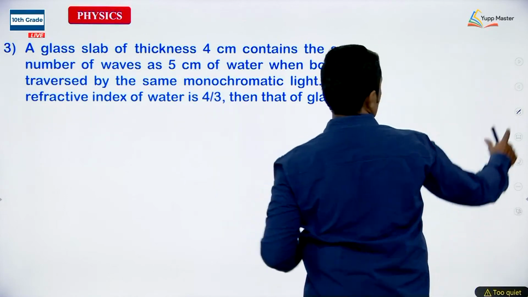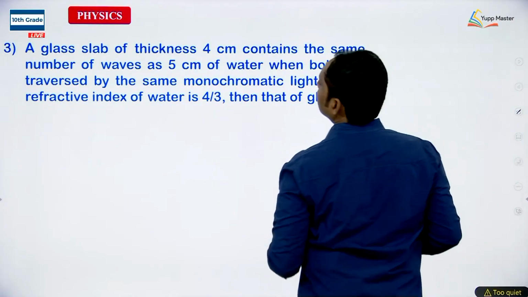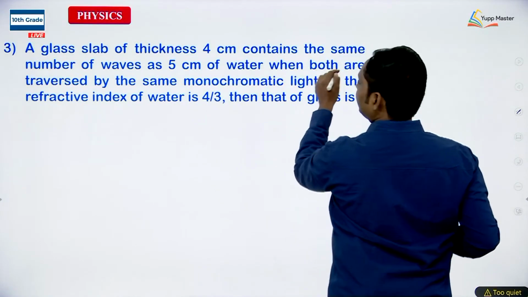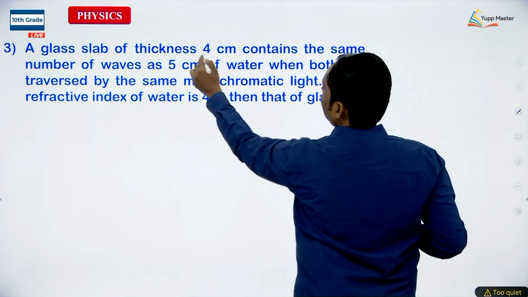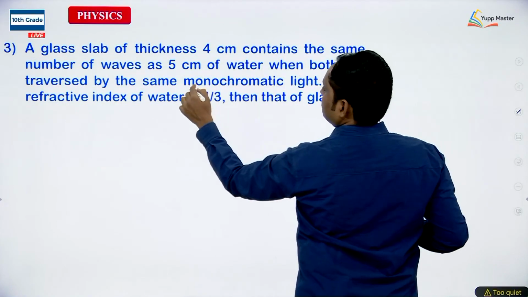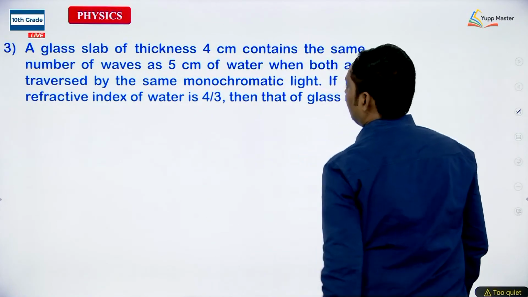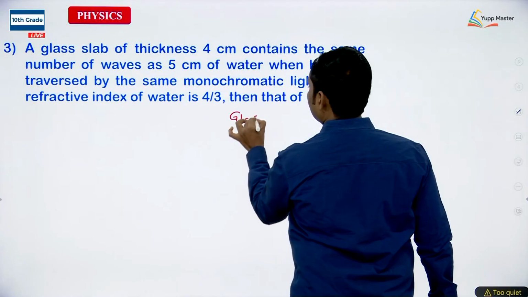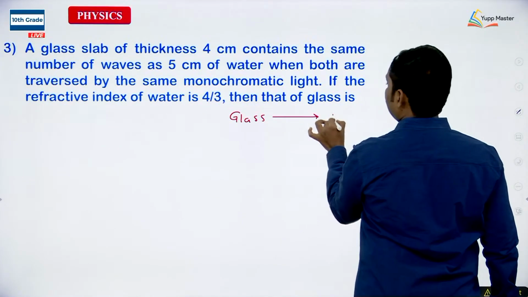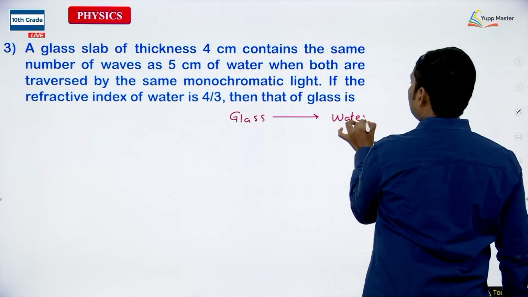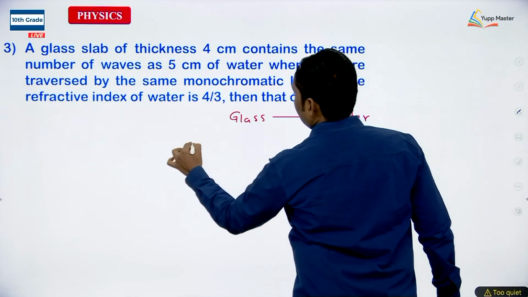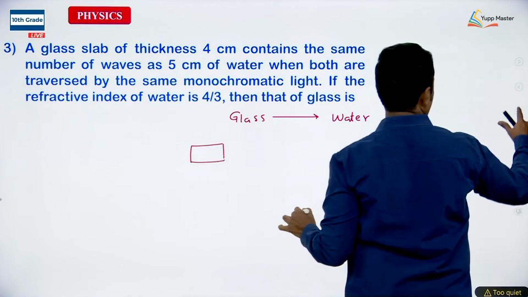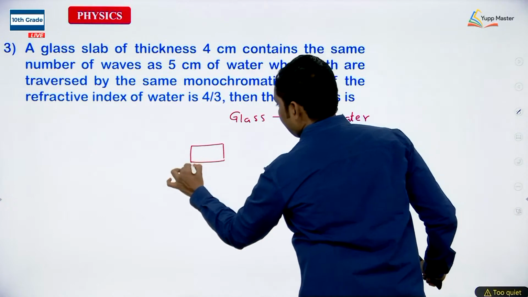Very simple, we will solve it easily. Light enters from glass, the first one is glass, the second one is water. After getting the diagram, you can solve the problem very easily.